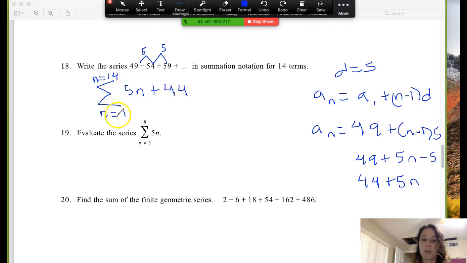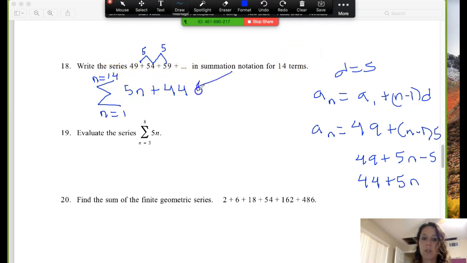Then you start from your first term and go to your last term. You can check to see if this works. Plug in 1 and see if you get out 49. 1 times 5 is 5, and 5 plus 44 is 49. Plug in your 14th term and you'll get your last term.